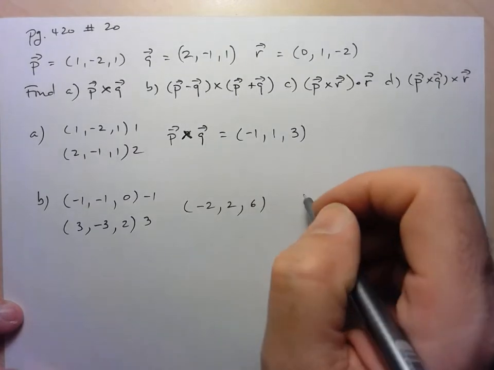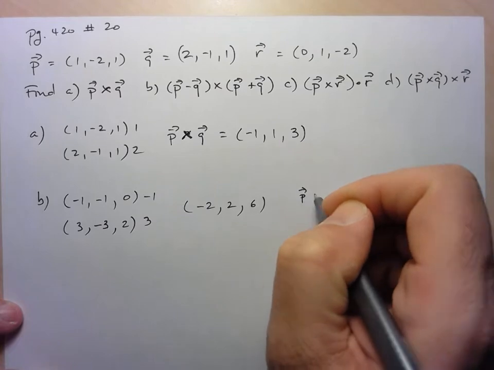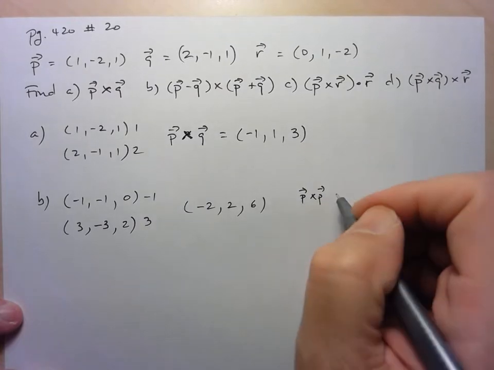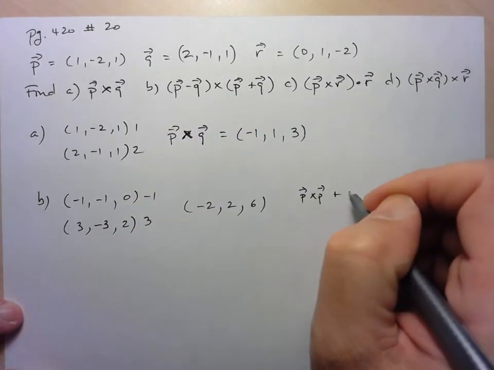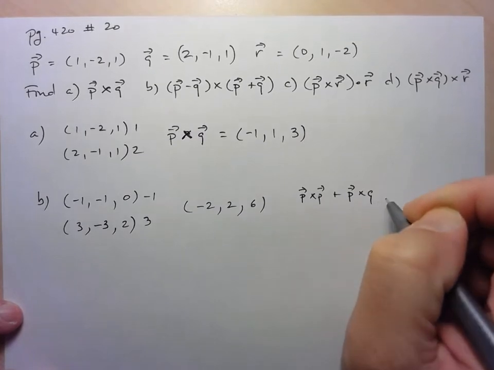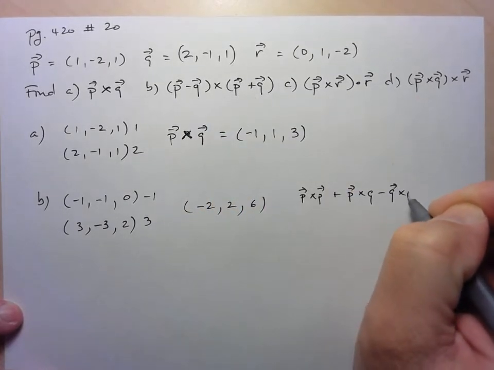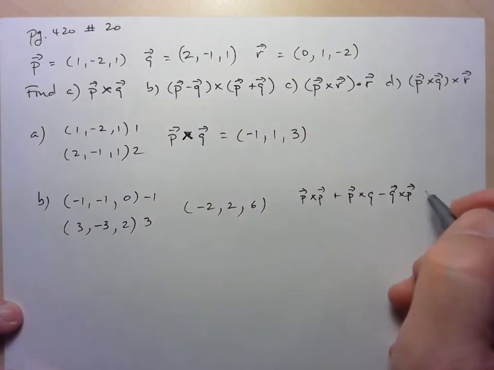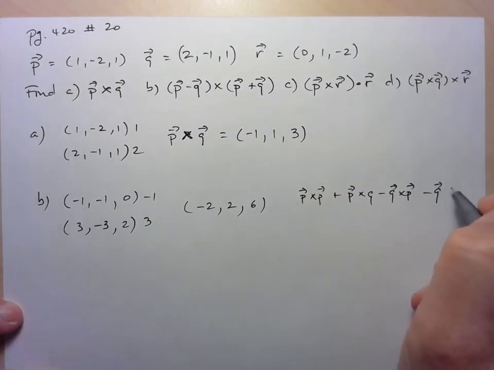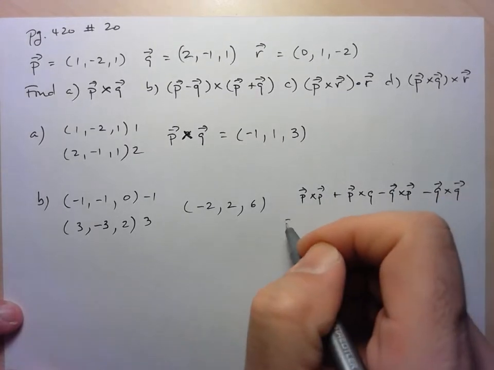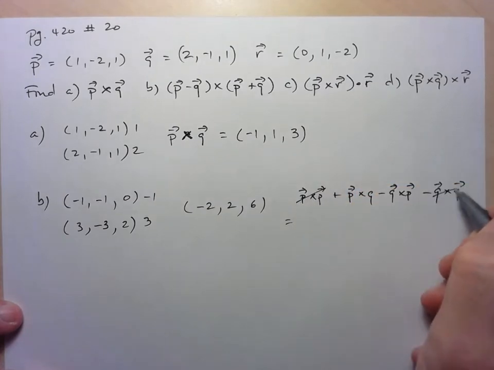Okay, so we end up with P cross P plus P cross Q. Then here we've got minus Q cross P. And here we've got minus Q cross Q. Okay, so just ignore that phone ringing if you can. So here, this is just equal to 0. That's just equal to 0.